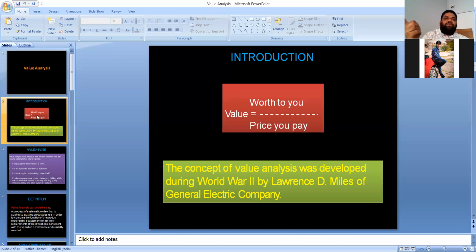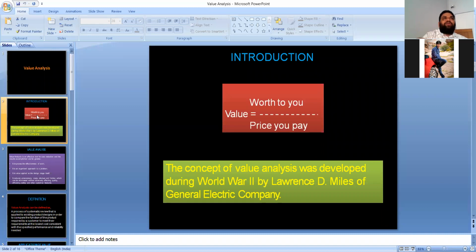The more useful it is to you, the more you pay. Yes or no? The less useful it is to you, the less you pay. And sometimes if it is only a nominal thing, then you ignore it and will not buy. So that's what we call value. Value is equal to worth to you divided by price you pay, meaning how far it is useful to you.